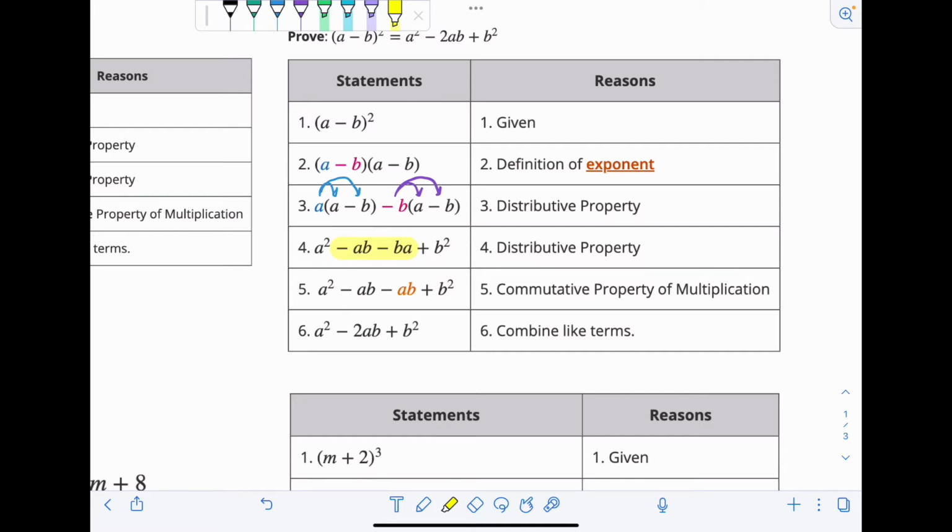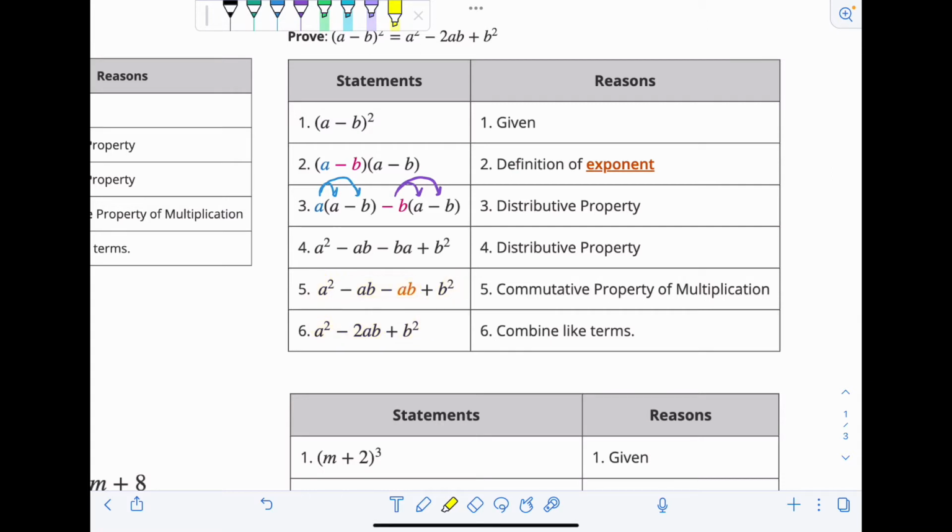So we can use the commutative property to turn this minus BA into a minus AB. We just switch the order of the factors. And then between step 5 and step 6, we can combine like terms so that negative AB and negative AB combine into negative 2AB. Then we just bring down the a squared and bring down the b squared.